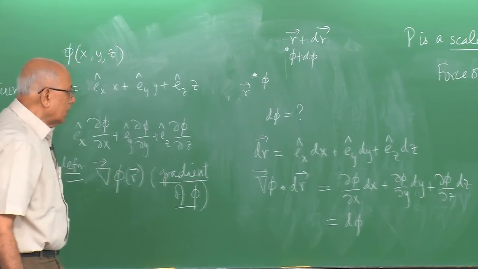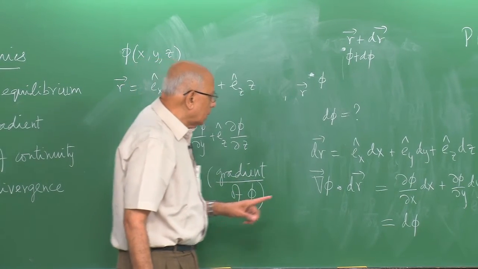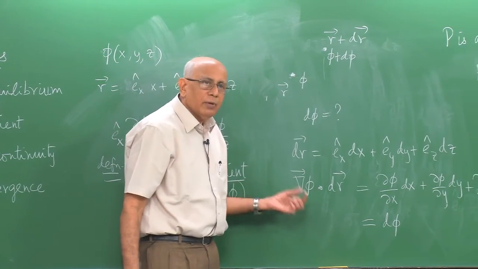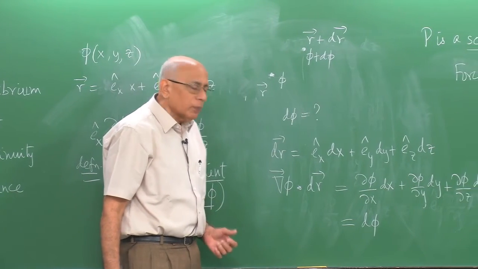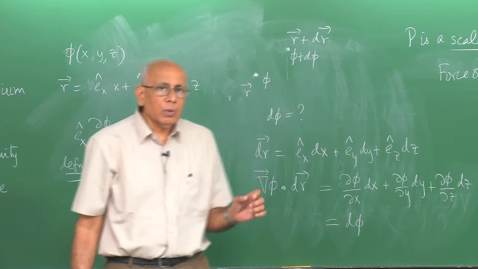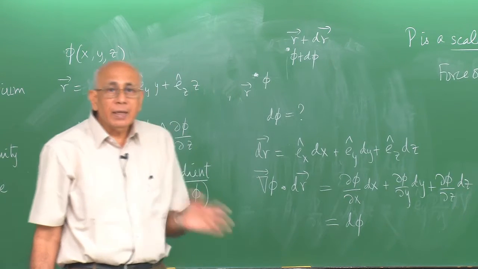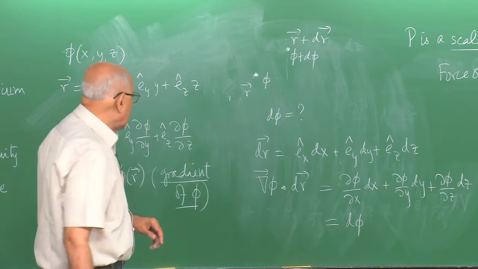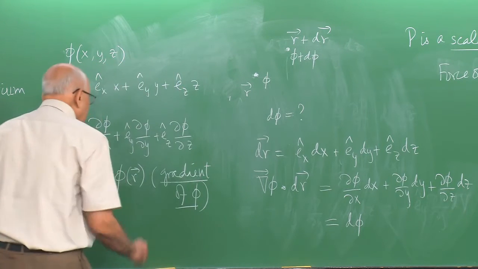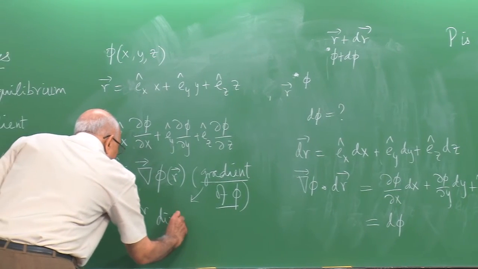In other words, the gradient of a scalar function dotted with the infinitesimal displacement dr gives you the change in the function when you move from r to r plus dr. So it actually gives you the change of the function in any direction in space, which is why the gradient is called the directional derivative.